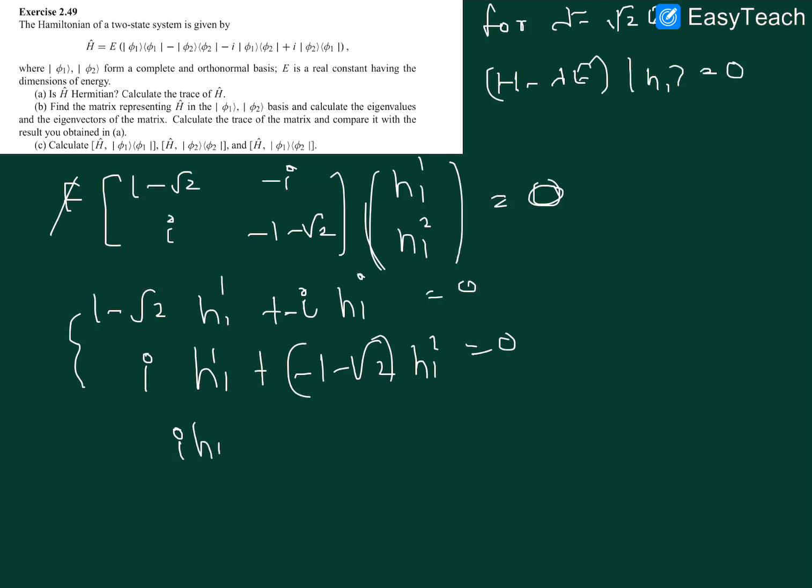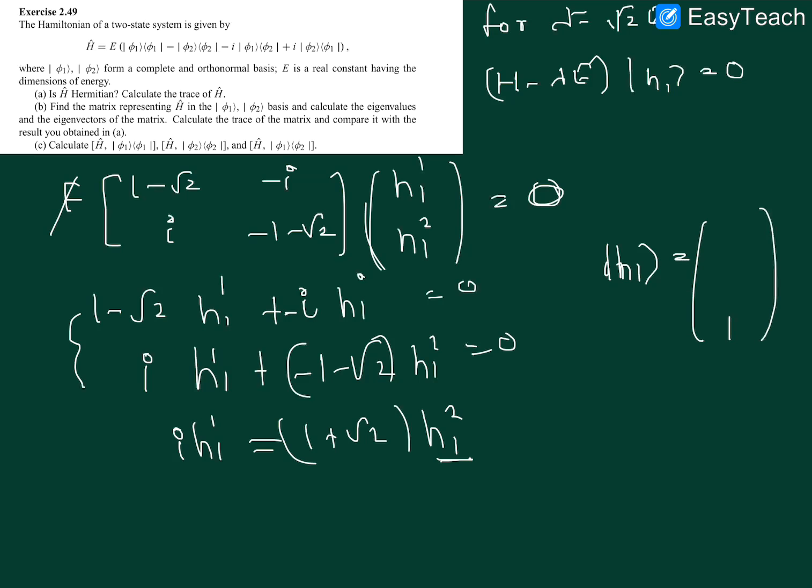So we can say that i h11 is equal to (1 plus root 2) h12. If we take a random number, h12 as 1, then our h11 will become minus i (1 plus root 2).